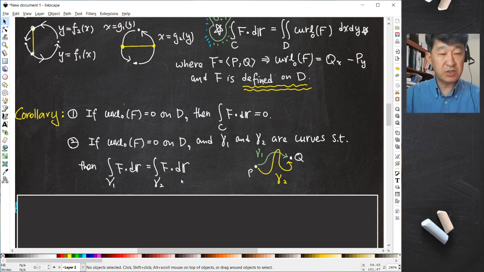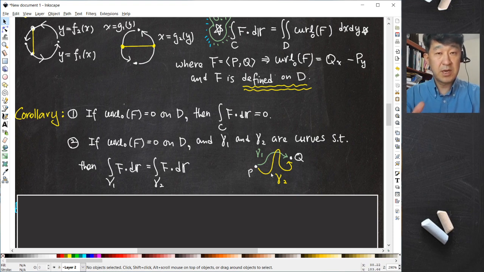If you consider these two line integrals, starting and ending at the same points but possibly along different paths, this claims that the value of the line integral is going to be the same, as long as your vector field has this curious property, curl being 0, namely Qx is equal to Py. If you have that property, this wonderful thing will take place.